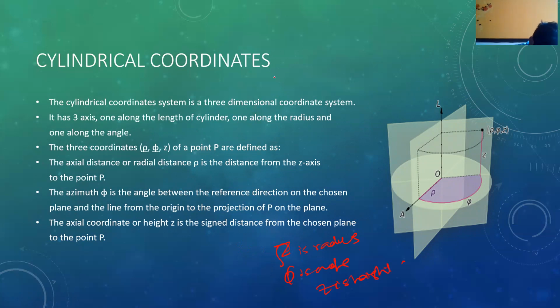When compared to the Cartesian coordinate system, the z-axis coincides with the cylindrical z-axis. That is, the z-axis of Cartesian is equal to the z-axis of cylindrical.